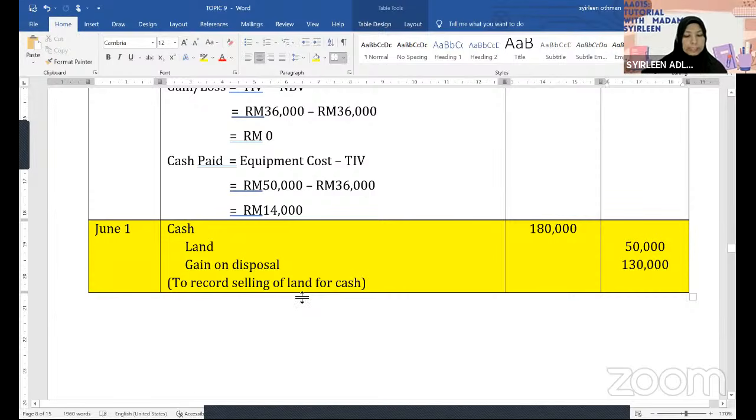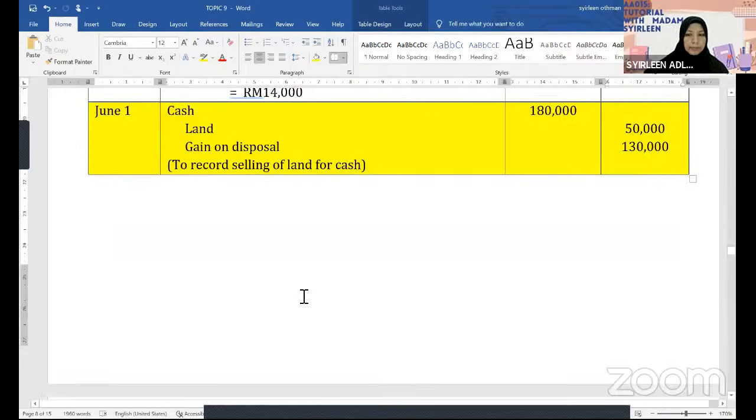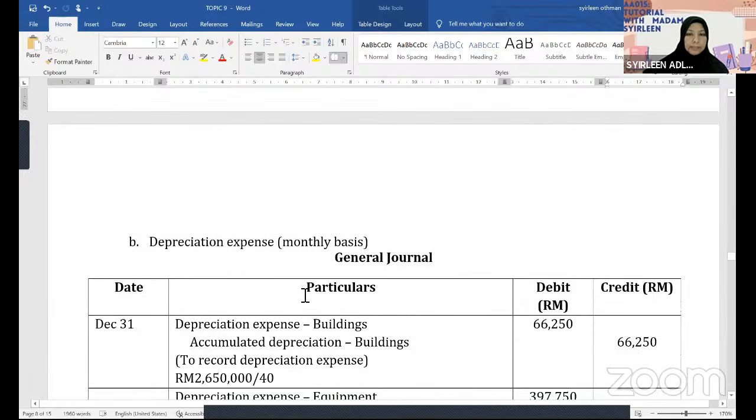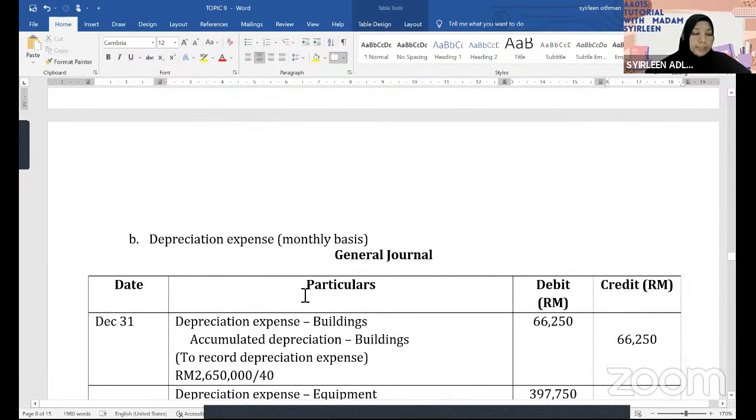Okay, soalan 2 kita nak kira depreciation. So depreciation expense we are going to do for buildings and for equipments. Okay, so kena ingatlah apa yang kita dah catat dekat atas. Alright. Okay, for monthly basis, kalau saya nak catat untuk building, sebab building tak ada sebarang transaction, that means you don't dispose anything, you don't buy any new asset.